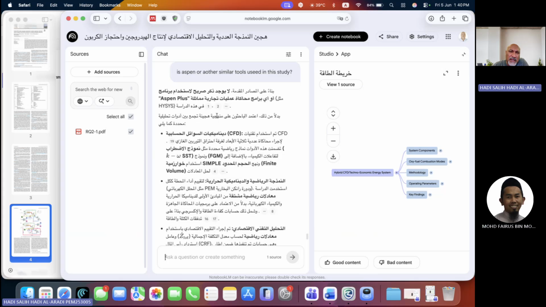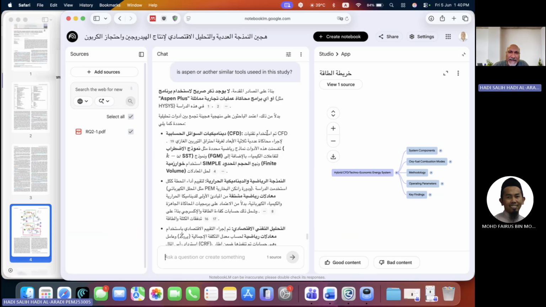Instead of this, the researchers depended on a hybrid methodology to mix these tools.